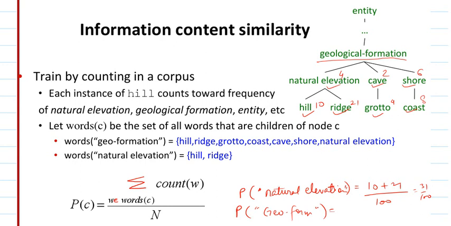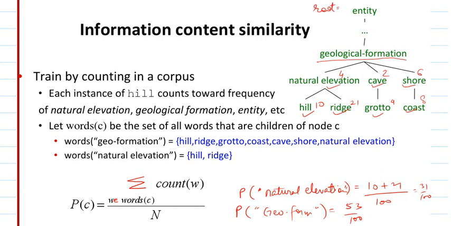So for geoformation, P of geoformation, we have the counts of all these, so this is 4, 2, 6, 12. 12 plus 10 is 22, 22 plus 21 is 43, and 45 and 53. So this is 53 by 100, right? And when we go to the root, the probability becomes 1.